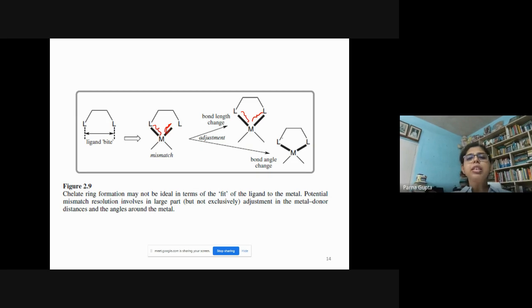Now, as I told you earlier, why is the 6-membered ring more stable when it is conjugated? If you have a 6-membered ring, these bond lengths and angles can change.